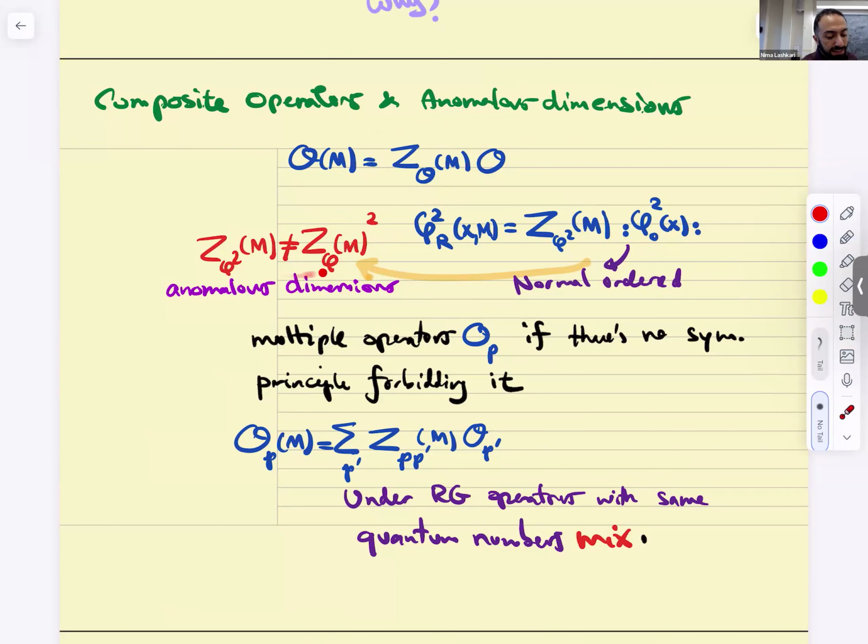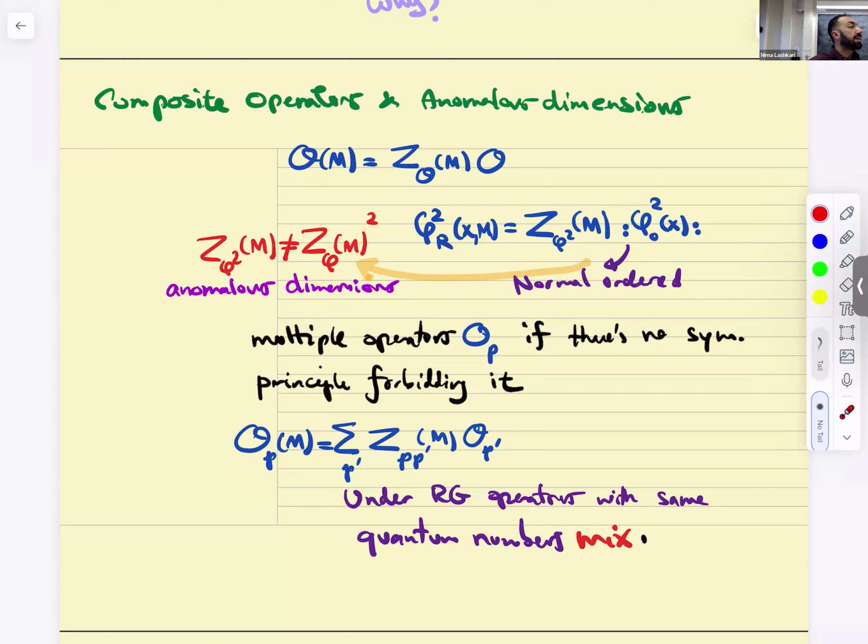Now, when is this equal to Z of phi of M squared? In a free massless theory, we said that it would be equal, and phi squared in that case was defined using normal ordering. That was the case where we discussed this. That's a free fixed point.